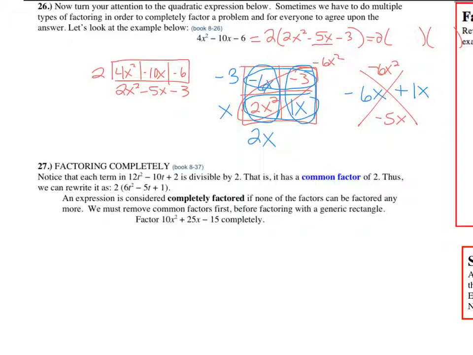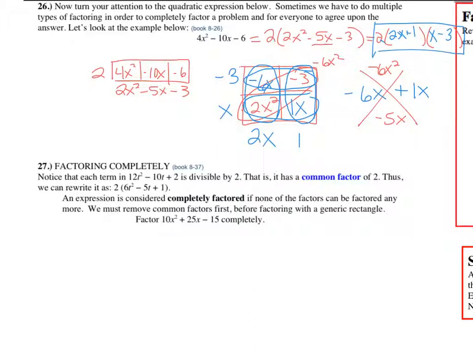Negative 3 and 1x are both divisible by 1. So it factored into 2x plus 1 times x minus 3. So we have our GCF of 2 out front, and then we have the factors 2x plus 1 times x minus 3.